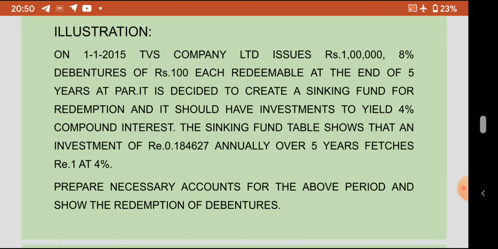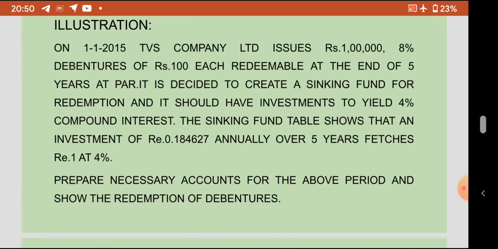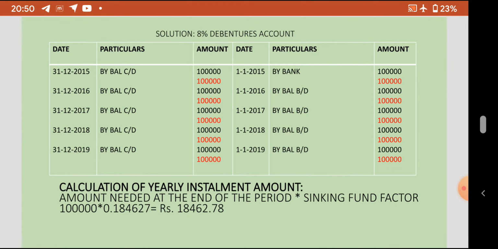The sinking fund table shows that an investment of rupees 0.162 fetches rupees 1 that needs to be paid at the end of 5 years.